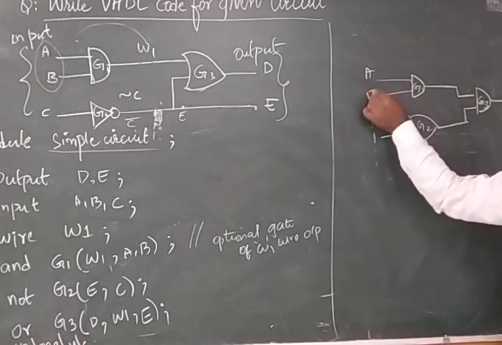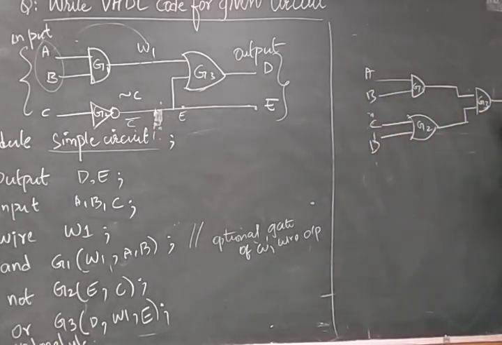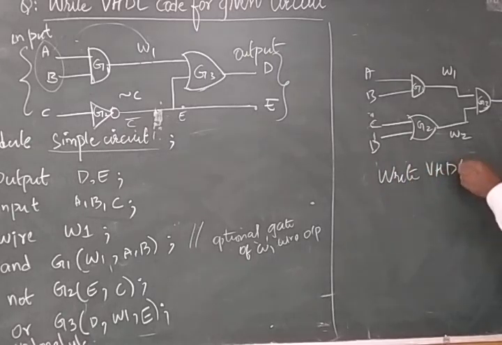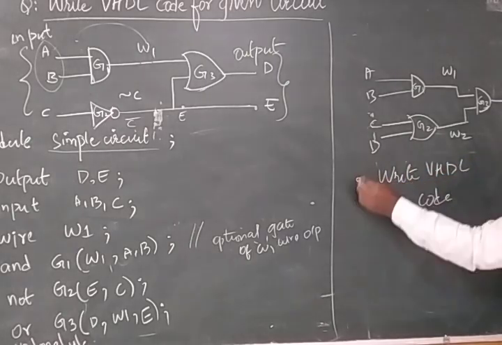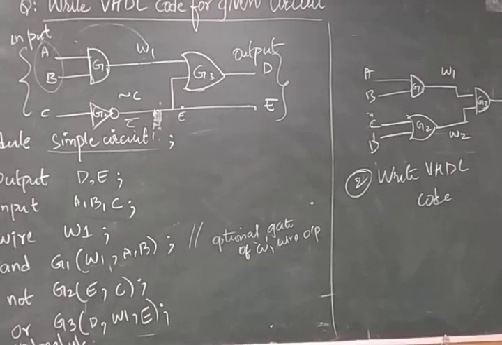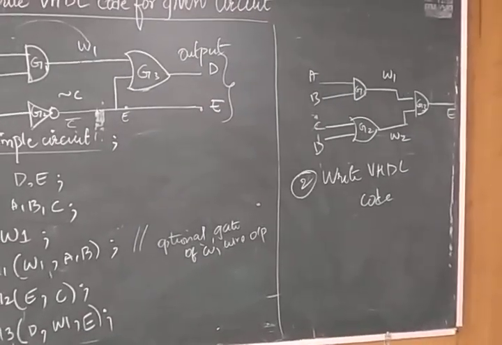Here A, B, C, D. This is your E. Suppose having W1 and W2. Write VHDL code for it. That's the second question. So you try that one and get me the answer. So G1, G2, G3.